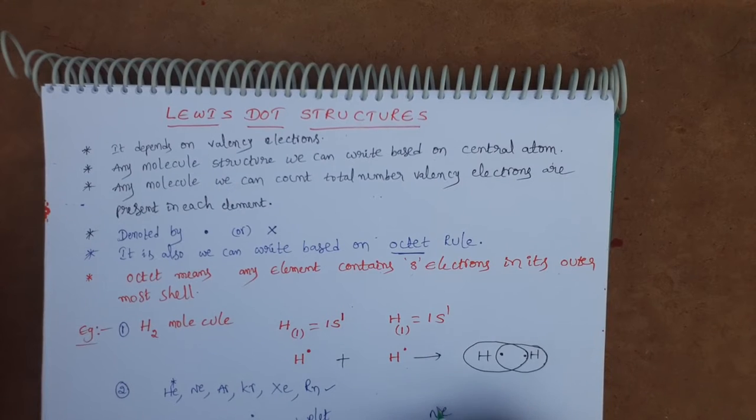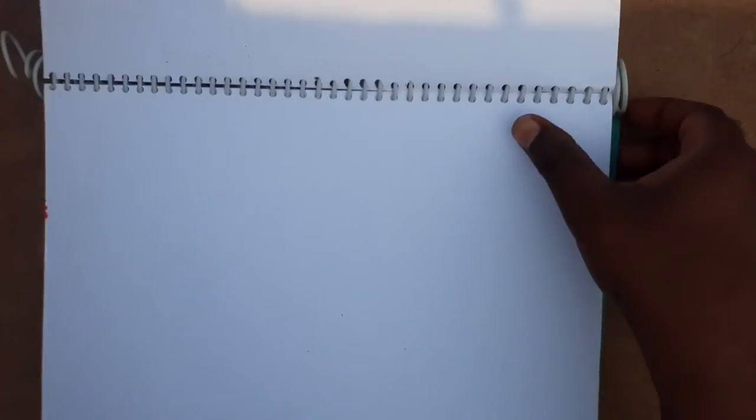But for the remaining elements, neon atomic number is 10, and electron configuration is 1s2, 2s2, 2p6. In its outermost shell, how many electrons are there? 8 electrons: 1, 2, 3, 4, 5, 6, 7, 8. This is the neon dot structure, children.